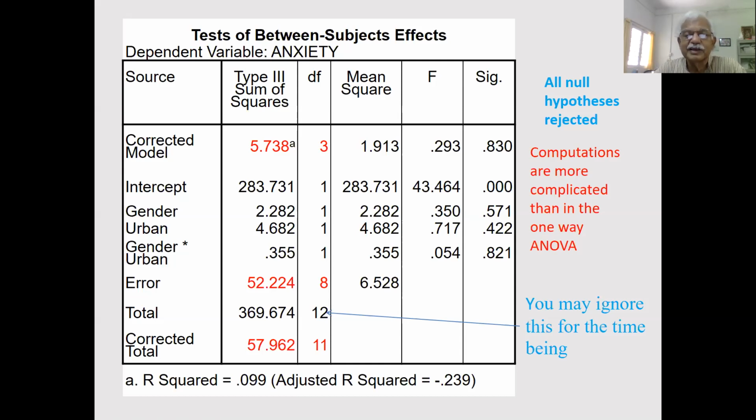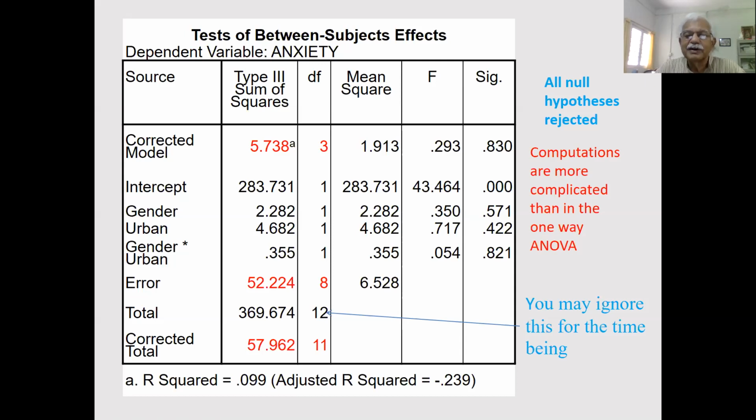Then the computation of F ratios, which is mean square for intercept, for gender, for urban rural, for gender into urban rural, divided by the same for the error term, and then significance values, meaning at what level of P the null hypothesis can be rejected. If that sig is less than 0.05, we say that the null hypothesis is rejected at 5% level of significance. If it is more than 0.05, we say that it is not rejected at 5% level of significance.